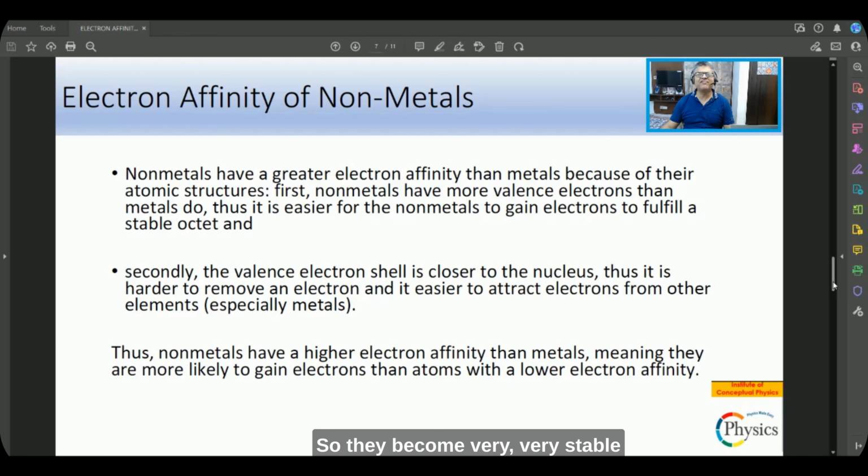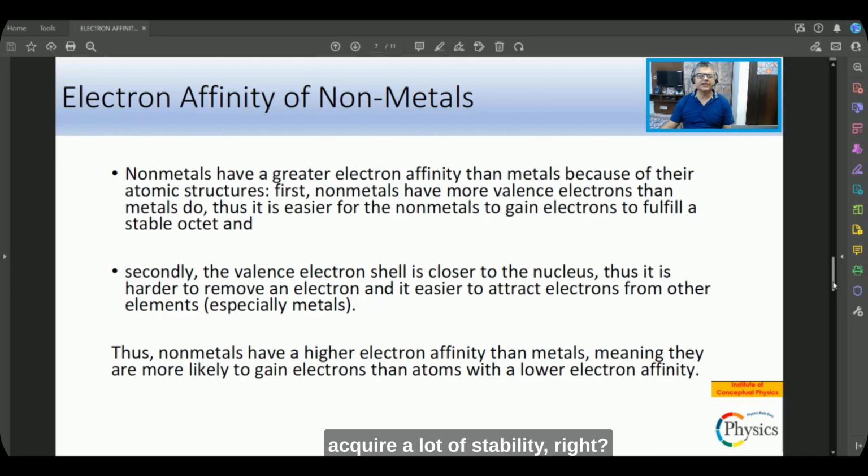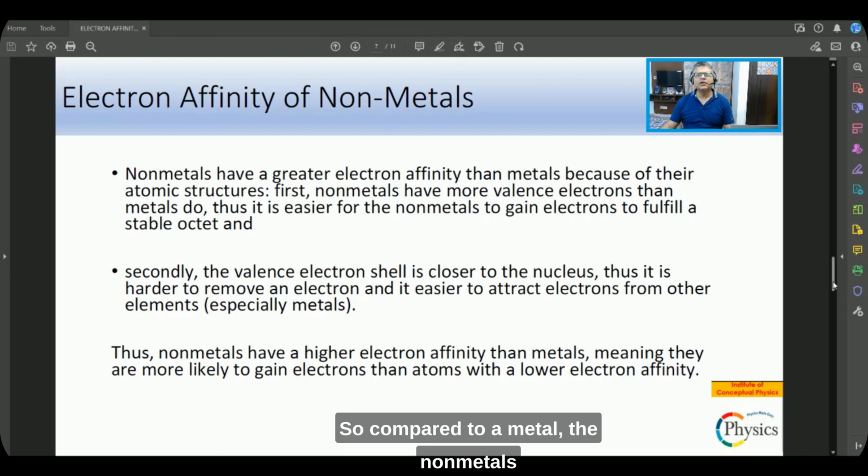So they become very, very stable. When they create an anion by accepting the first electron, they acquire a lot of stability, right? So compared to a metal, the non-metals have a very high degree of electron affinity.